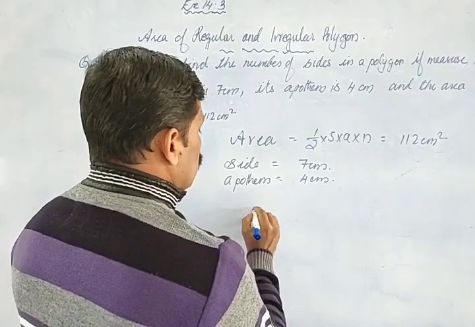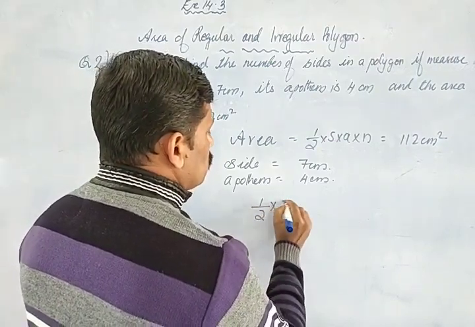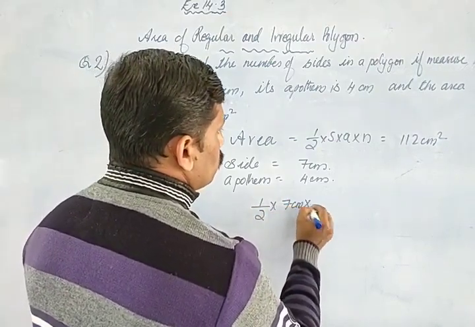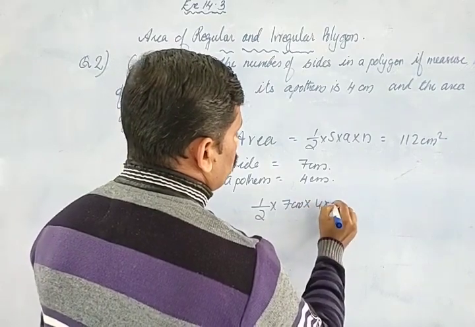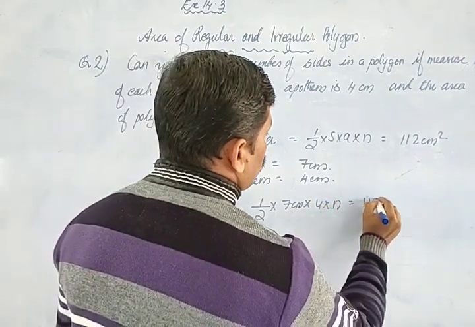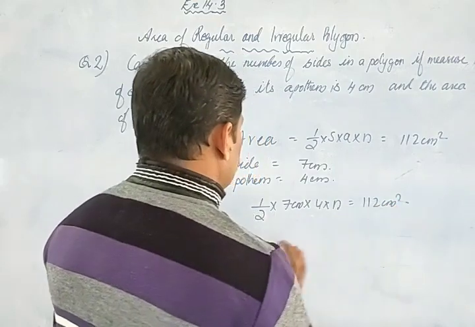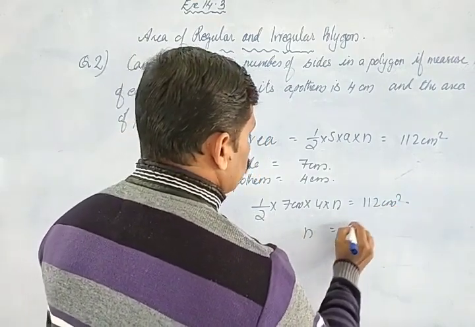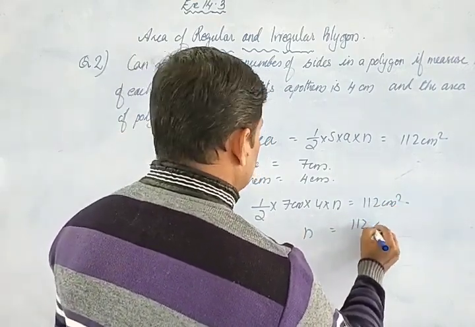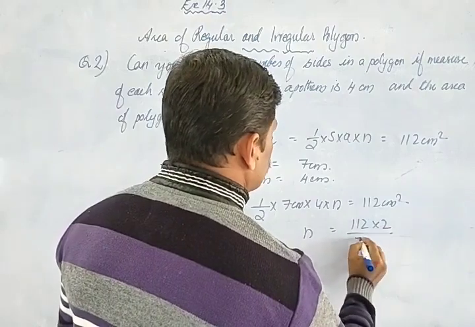Therefore, half into 7 cm into 4 cm into n is equal to 112 cm square. Therefore, n is equal to 112 into 2 divided by 7 into 4.